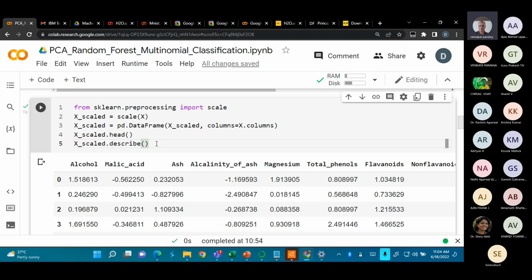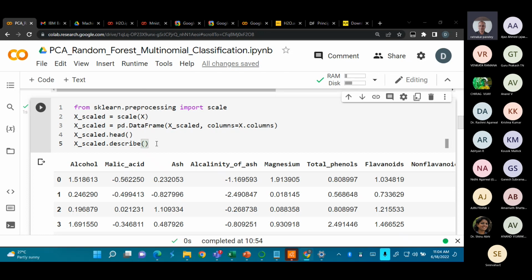Subtract the value from the mean and divide by the standard deviation. Okay, so what is it called? Does it ring a bell? No? I think that's a good enough hint. You are subtracting the mean from the values, and then dividing by the standard deviation.